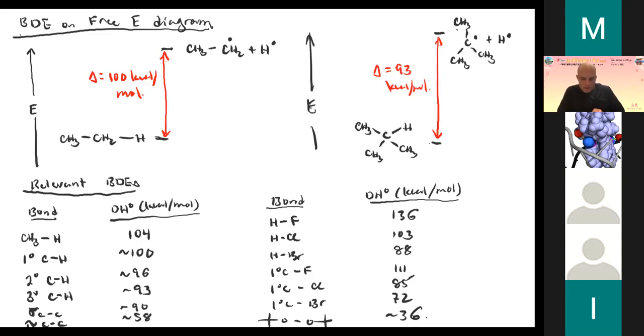So how would we go about calculating the delta H? It's very simple.